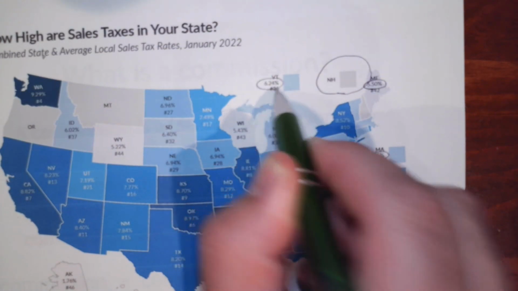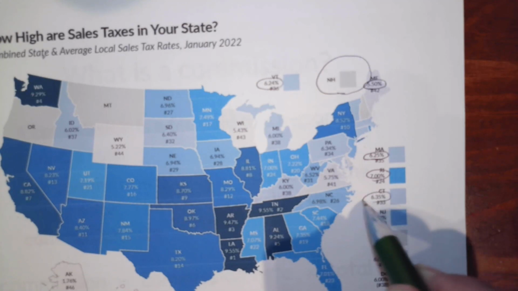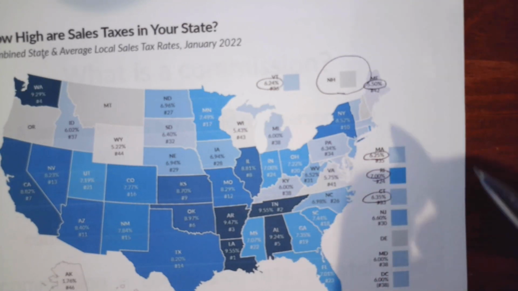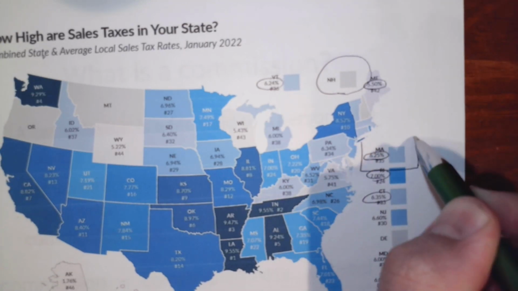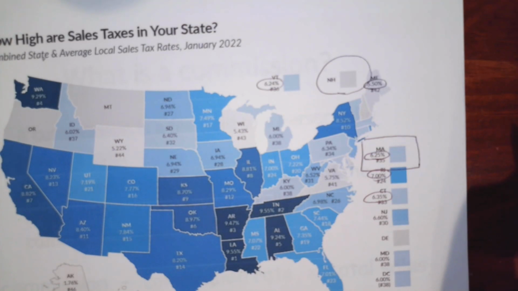Vermont has 6.25%. Rhode Island has 7%, and Connecticut over 6%. So because we're in Massachusetts, we're going to be focusing a lot on 6.25 and percentages around there so that we can get used to finding the tax of our different items that we purchase.